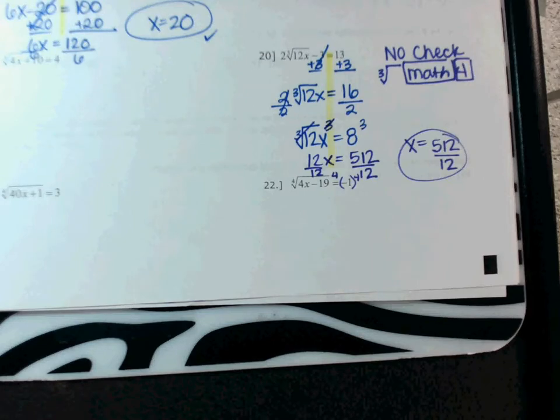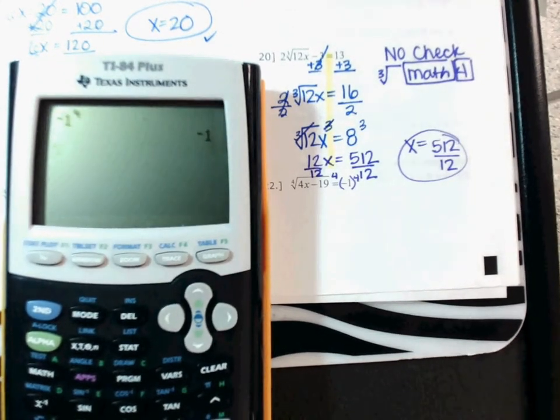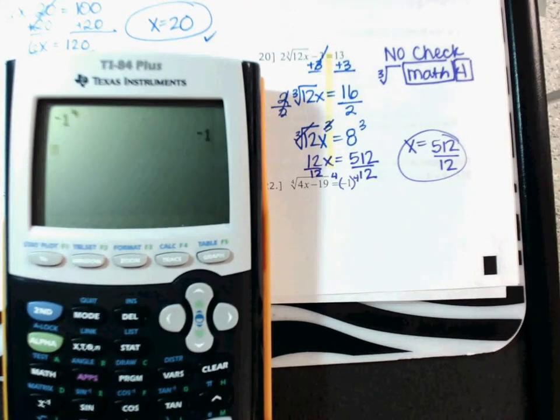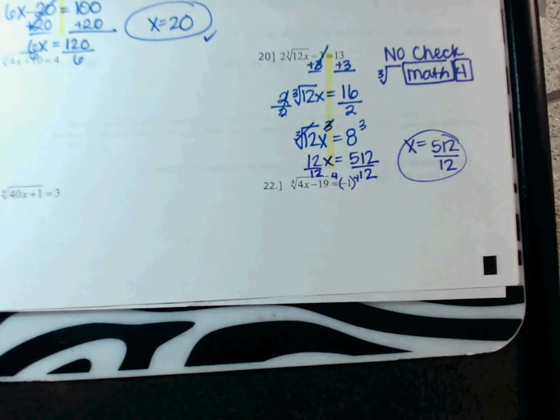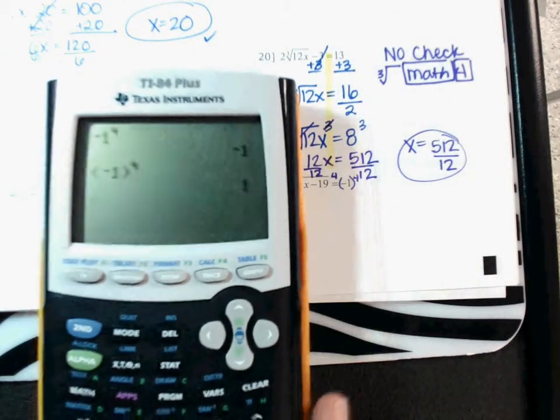So negative 1 up to the 4. I got negative 1, is that right? No, what's wrong with it? You gotta put parentheses, especially if it's a square or a 4th. So it should give me with parentheses what number? Okay, positive 1, which is correct.